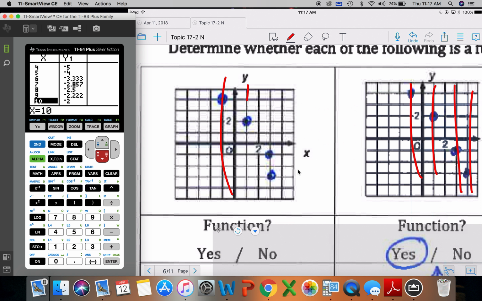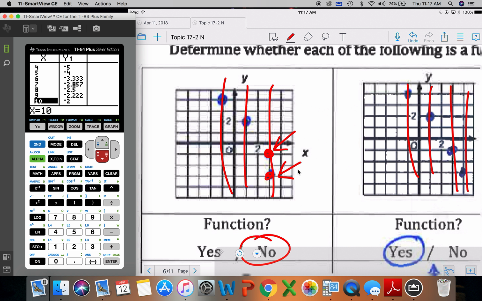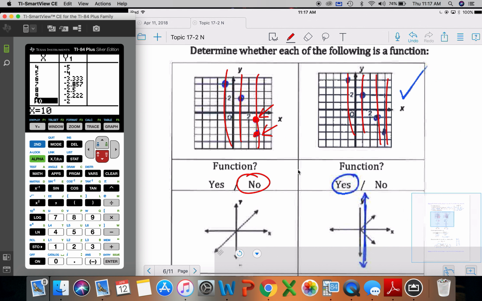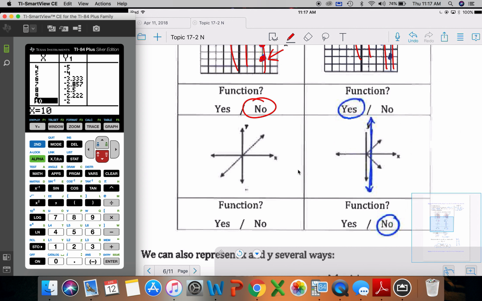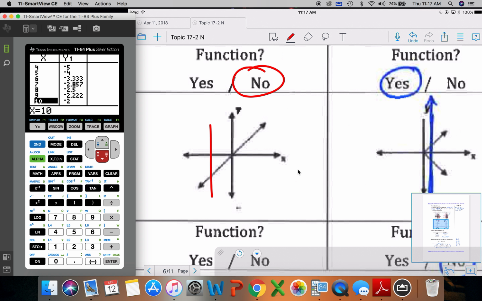So over here, this passes, that passes, but this one hits 2 times, meaning that that one spot makes it a not function. So you have to make sure that you really try and be very careful where you draw your vertical lines and try a couple of different ones, because the first 2 lines on this graph passed, but the last one did not. So you need to make sure that you're trying a couple of different lines.